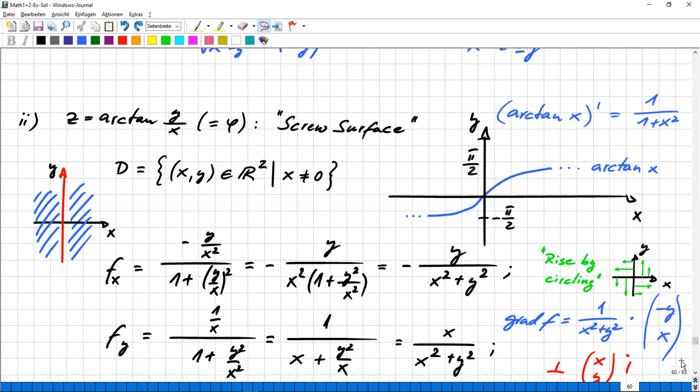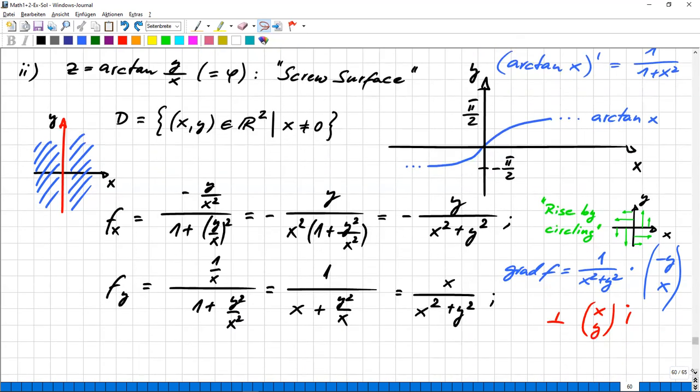Well, you all know there's a very famous trick known from 2D vector algebra, namely constructing a vector which is perpendicular to another given vector.